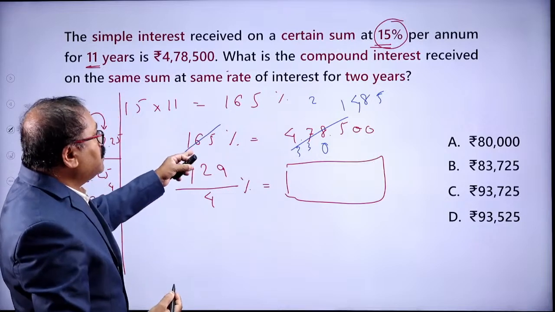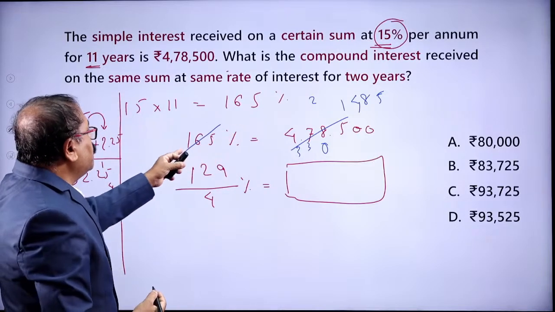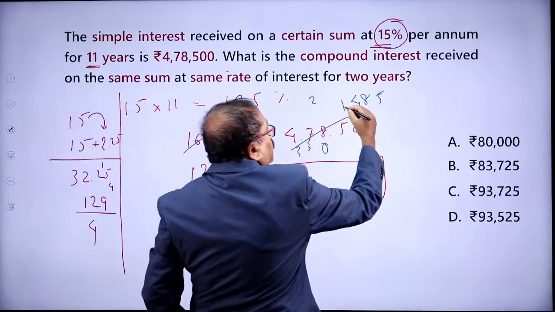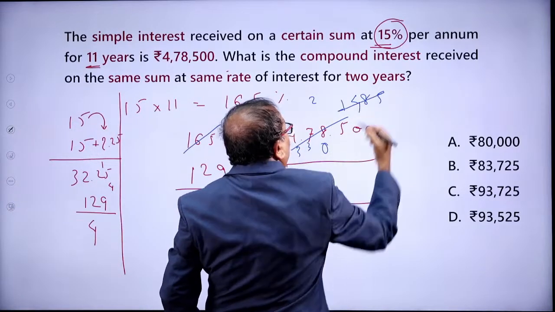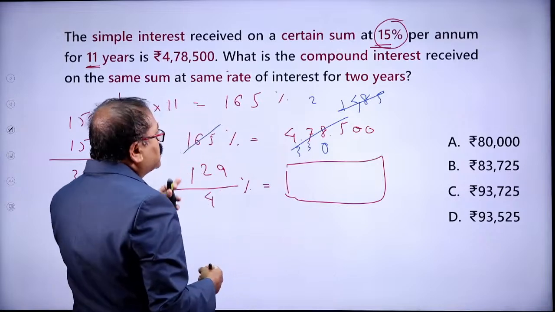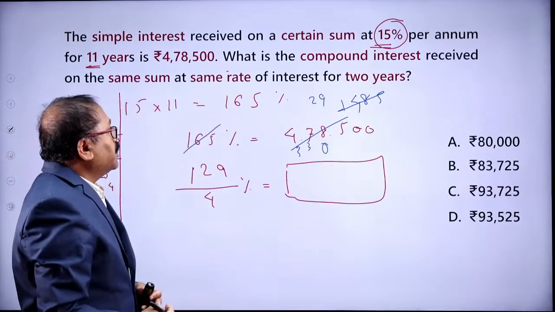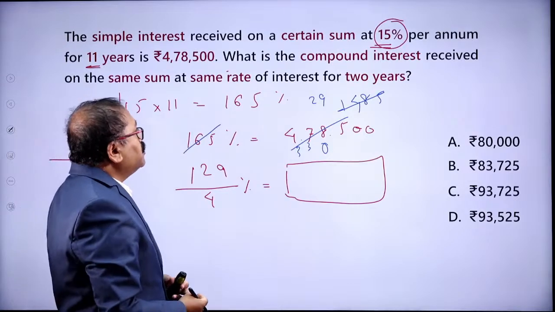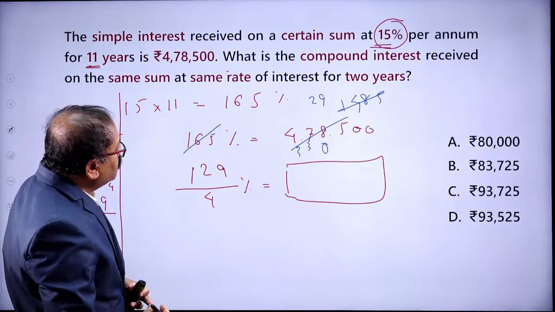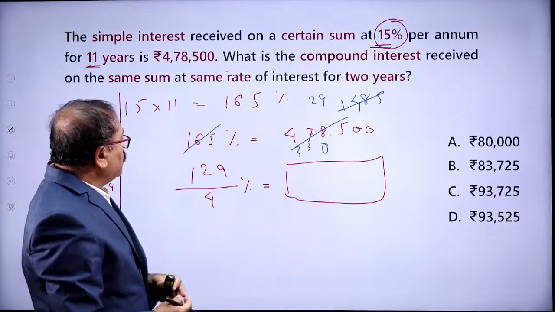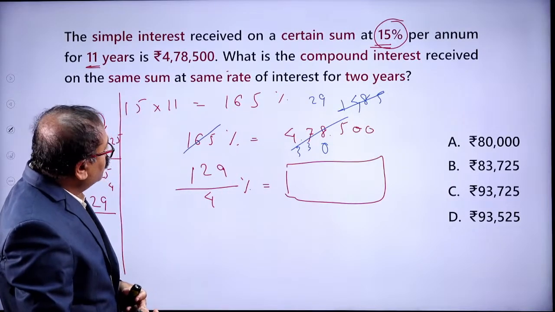So will it go 9 times? 9 5s are 45, carry 4, and 16 9s are 144. Yes, it is getting cancelled 9 times again. So the first time it goes 2 times, then it goes 9 times. So that is 29. So finally what I need to do over here, this has to be multiplied by 129 and divided by 4.